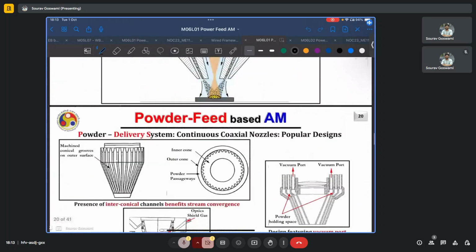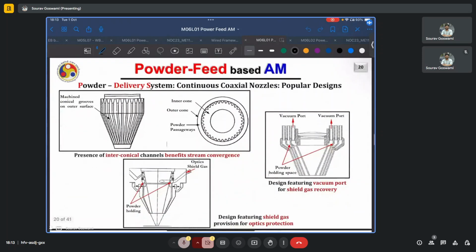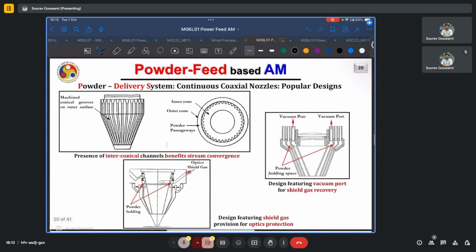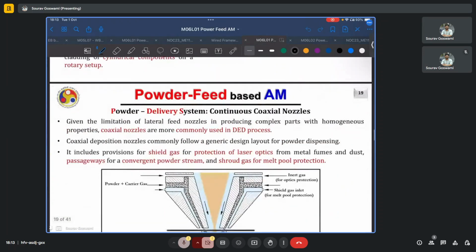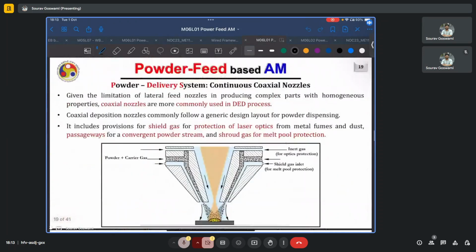We're also talking about the various process subsystems for powder feed-based additive manufacturing processes. We looked at the different nozzle designs, the role of carrier gas, and the coaxial nozzles and side feeding nozzles.